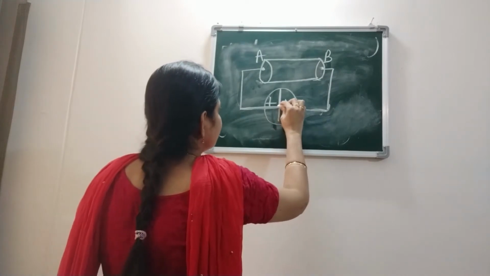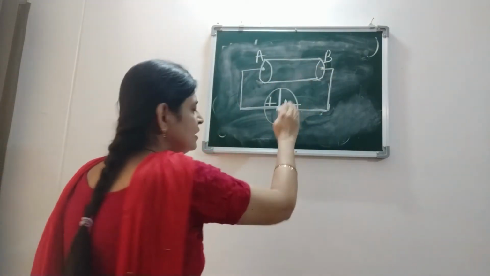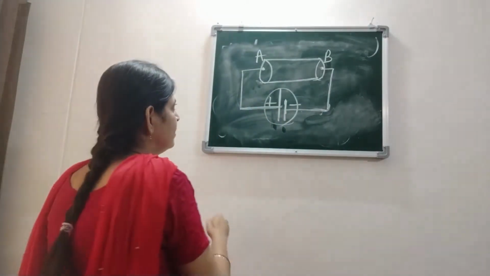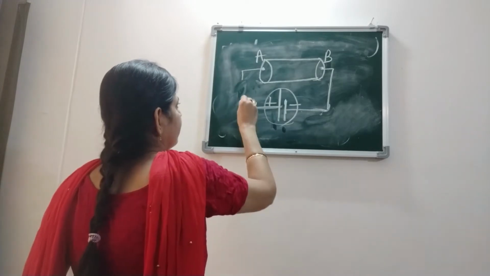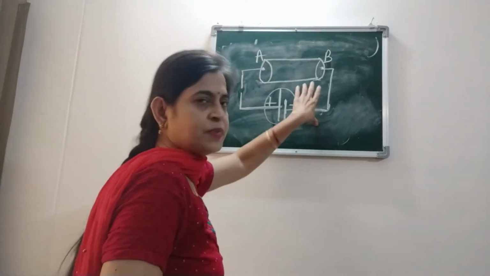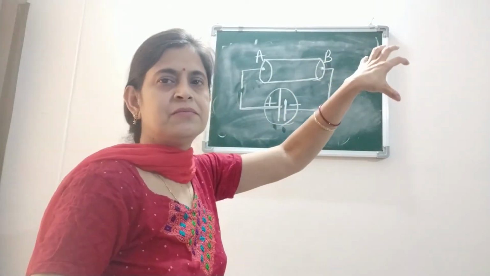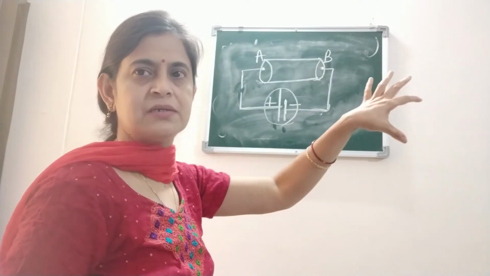And if the current is flowing through the circuit, then this is called the electric circuit. If we disconnect here, then this is not a closed path. And at that time, we can say this is not an electric circuit.